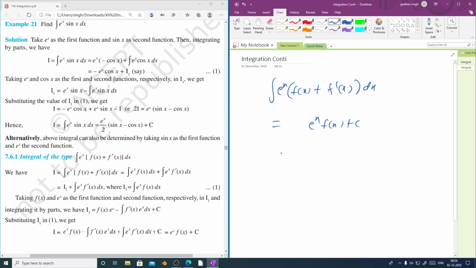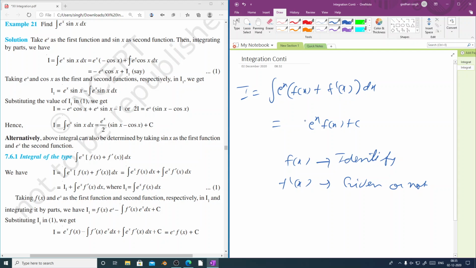How to solve this is very simple. Suppose this integral is given to us. We just have to identify f(x), and then check whether f dash x is given or not. If it is given, then simply we write let f(x) equal to this, and therefore f dash x equal to this, and then directly you can write down this formula.